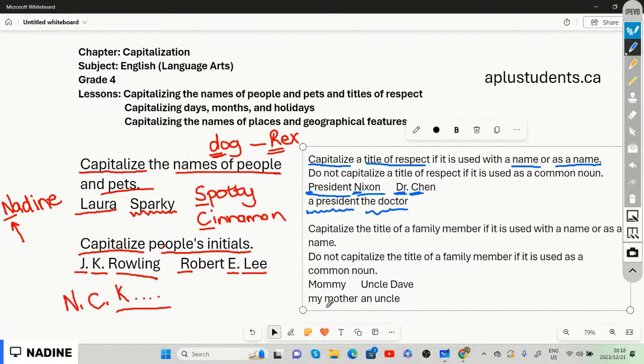So if you're just going to say, my mother and uncle went to work, then that must be lower case. It's not capitalized. But if you are specifically talking to Uncle Dave, you're calling Uncle Dave, you're using uncle as a name, then you can capitalize and say Uncle Dave. Or Mommy, capitalize.